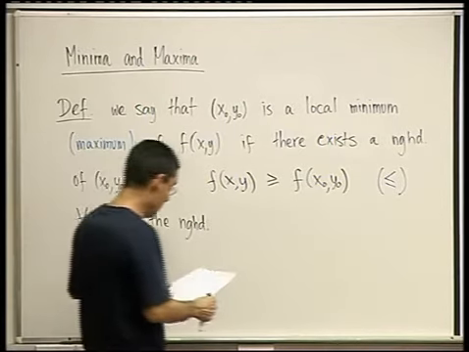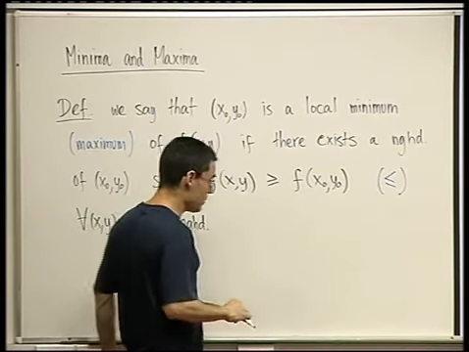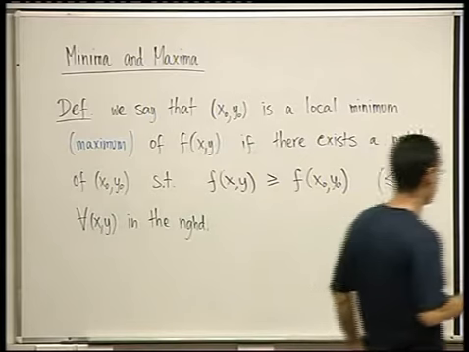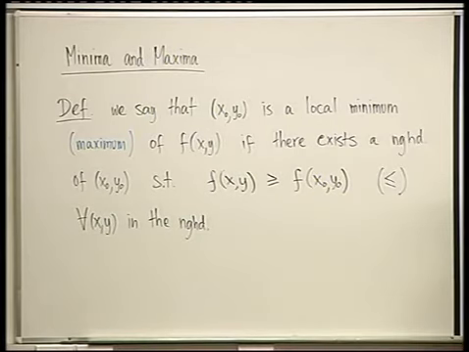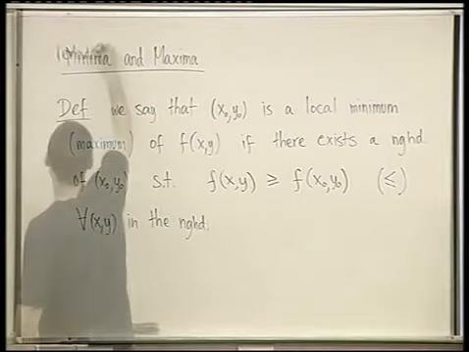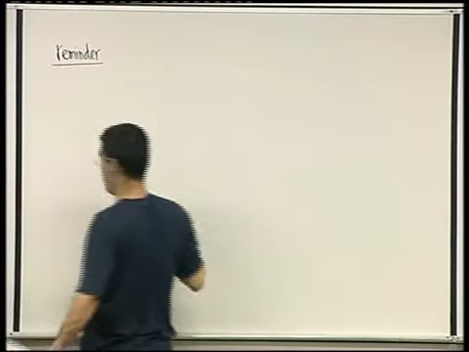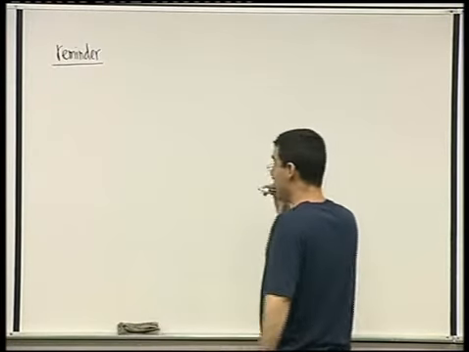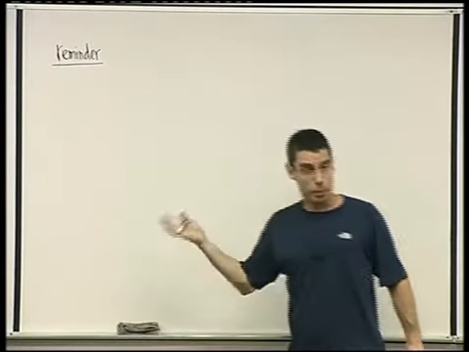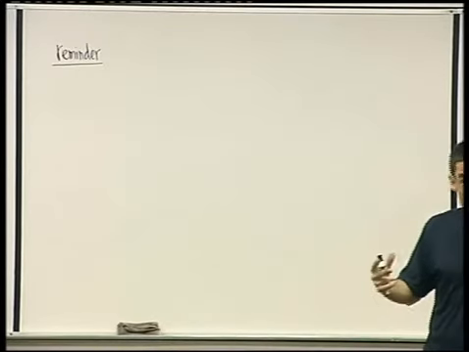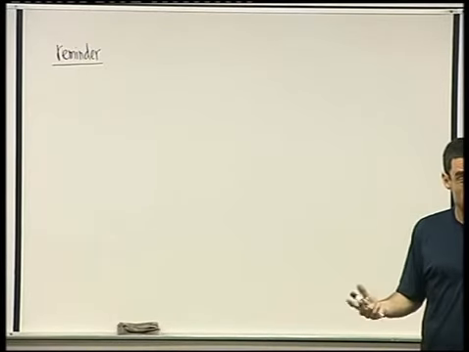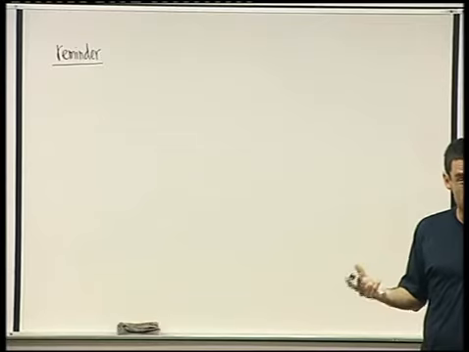Okay. Now let me remind you, a quick reminder of the situation for single variable functions. So how did we usually tackle this problem? How did we usually find local minima or maxima? We used Fermat's Theorem, right?